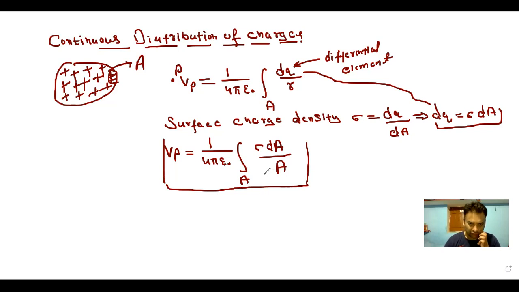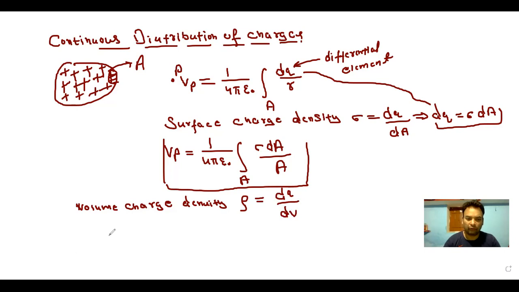Likewise, we can find it for charges distributed over a volume. So we can find the volume charge density, and that can be written as rho is equal to dq upon dv.